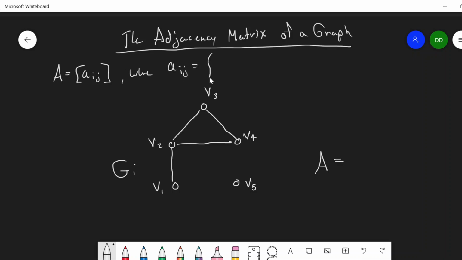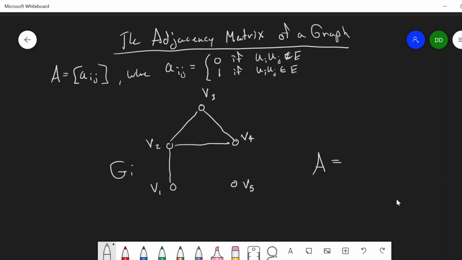A_ij is equal to 0 if vertex i is not adjacent to vertex j, so that is, if u_i u_j is not in the edge set, and 1 if u_i u_j is in the edge set of the graph. So one way to think about this is that we create a matrix that stores the edges of the graph.